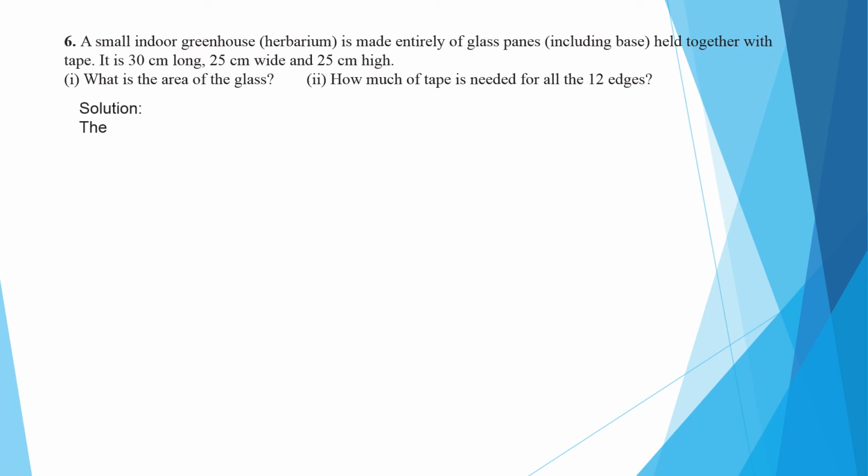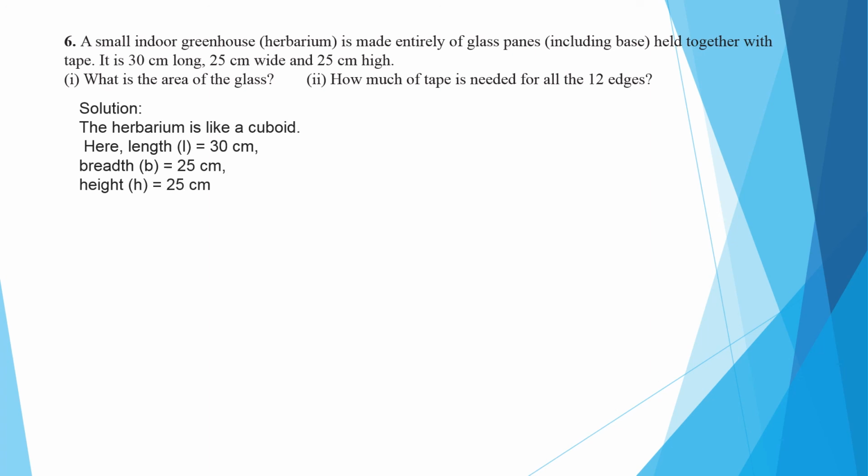So first of all we can see the herbarium looks like a cuboid. Here the length is given 30 centimeter, breadth is 25 centimeter, and height is 25 centimeter again. The surface area we are going to calculate of the herbarium glass is equal to 2 times LB plus BH plus HL, because it is surface area, so we will talk about total surface area.